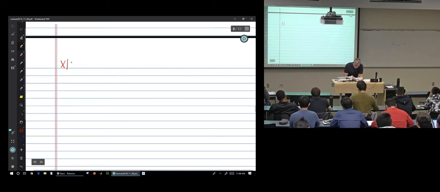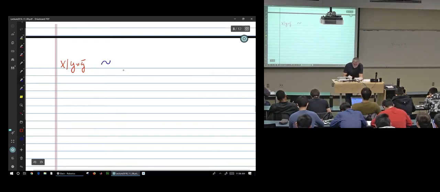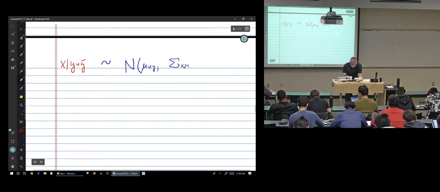So, x given y equals a number is distributed as a normal random variable, which is going to have a mu x given y and a covariance of x given y.